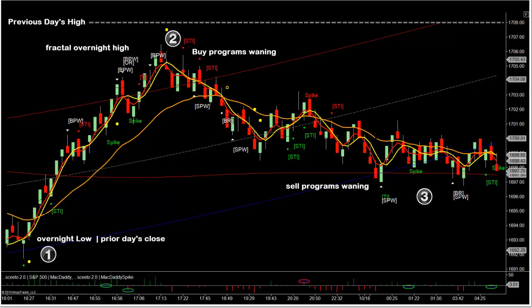I've numbered each of the trade opportunities that developed during today's session, and we'll go over them one by one. First, the retest of the low. Notice that there were no sell programs associated with the retest of the low at the open of the Globex session.